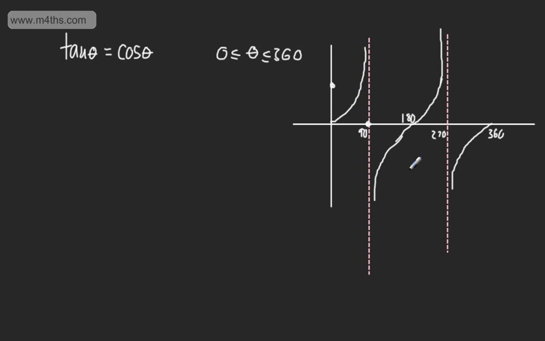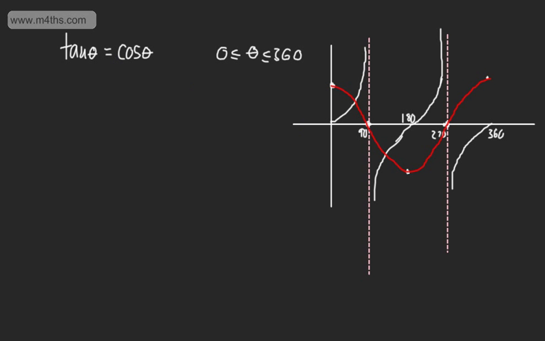We're going to have 90. We're going to have now 180, where we've got -1, we've got 270, and we've got 360. So if I drew this on, we'll come round, we'll come down, we'll come back up, we'll come through, and then we'll go back to the maximum here. So we can see that we've got these 2 points of intersection in the given interval.